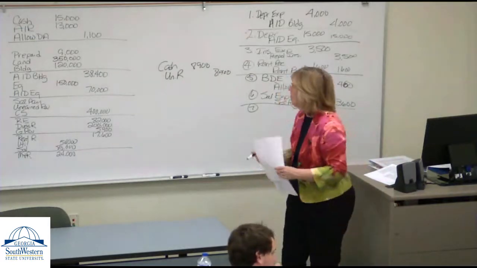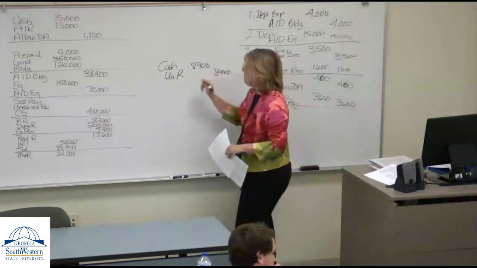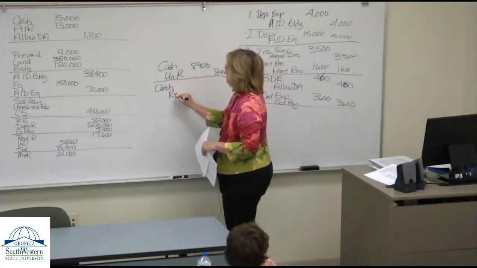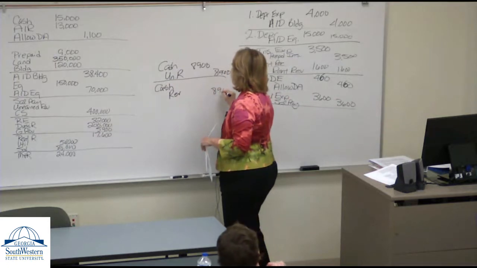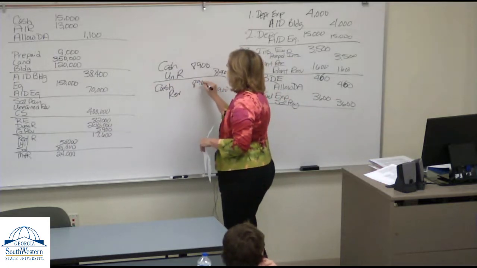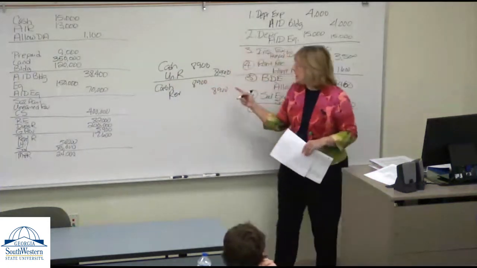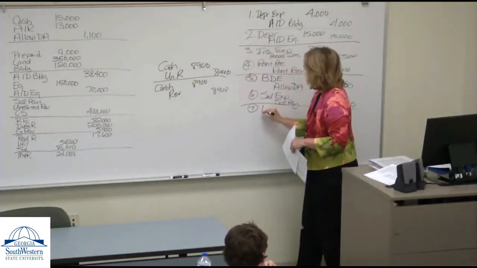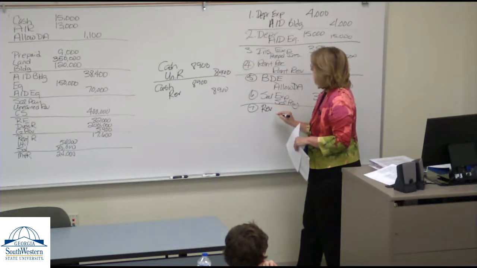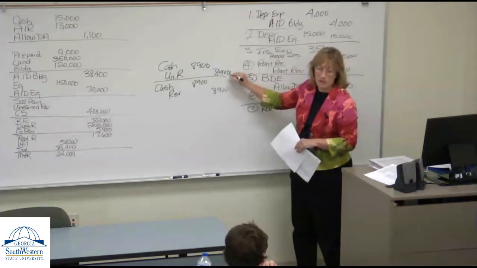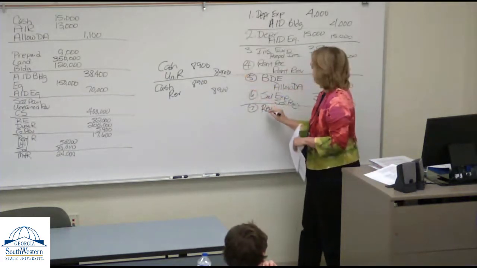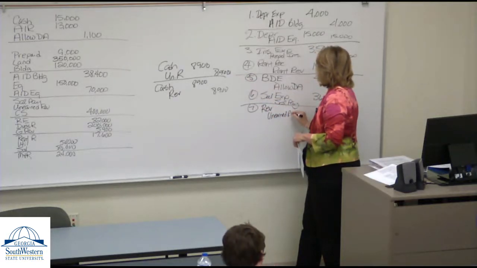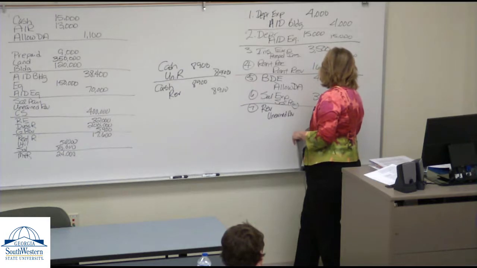So what are we going to have to do to fix Myrtle's mistake? What she did was cash and revenue, so we want to get it out of revenue. We're going to debit revenue and credit unearned revenue, where we wanted it originally. So that's 8,900.